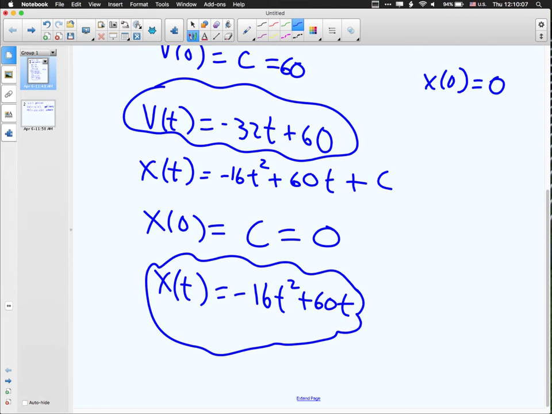t is 1.875. Yeah, couldn't they have said that it was launched with an initial speed of 64?